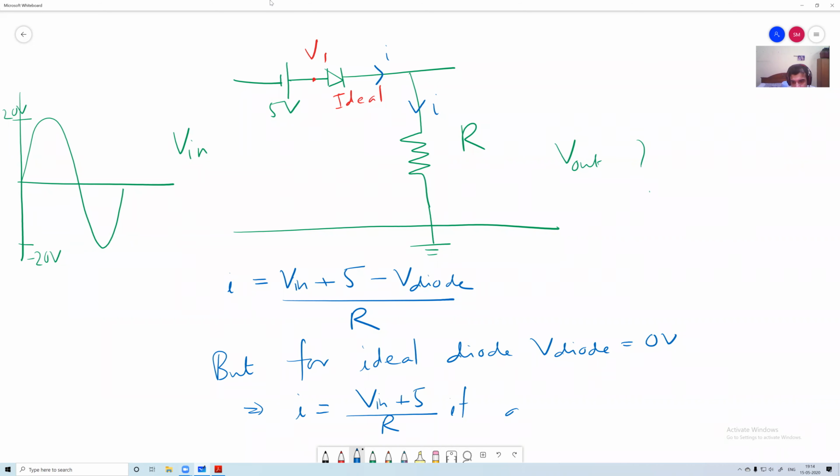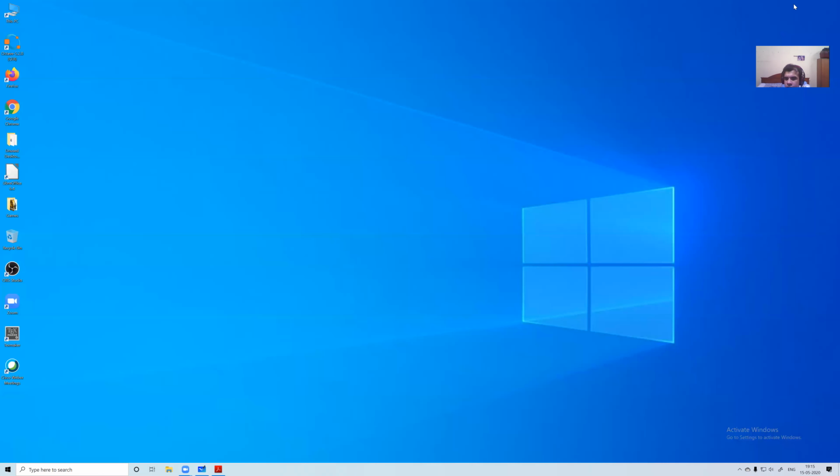If the diode is FB. I equal to 0 if the diode is RB. Do you agree with this? Anything you want to say? You want to disagree? Cannot see the chat.